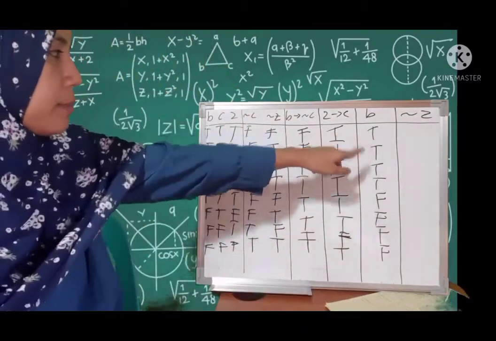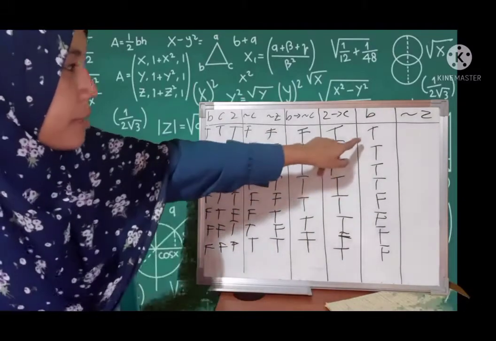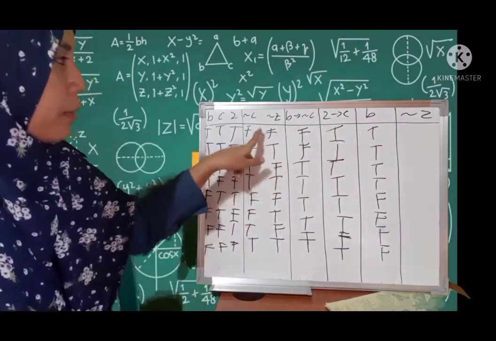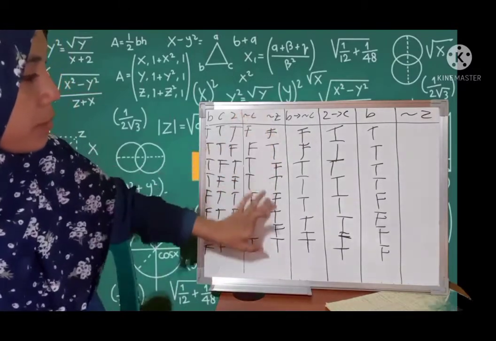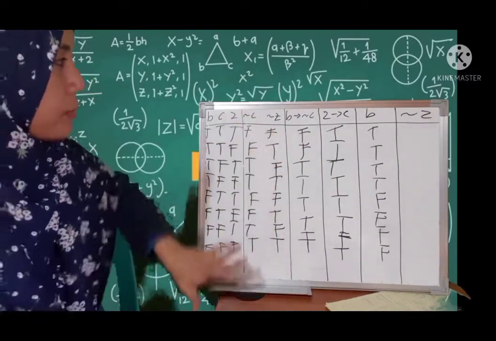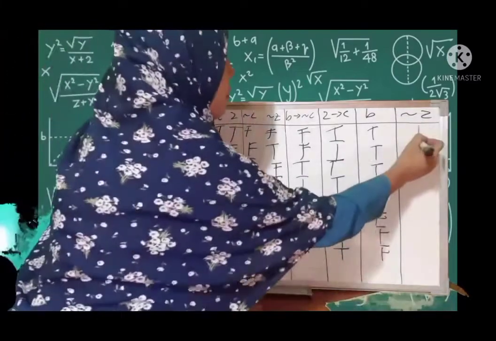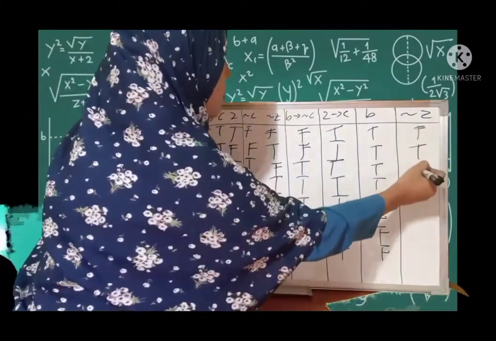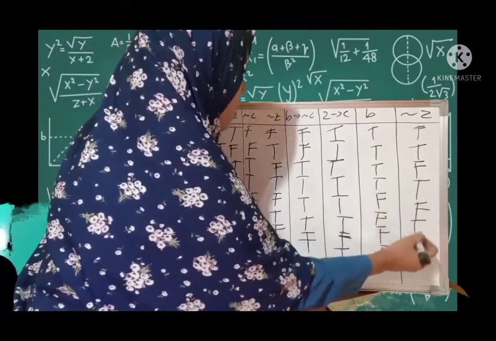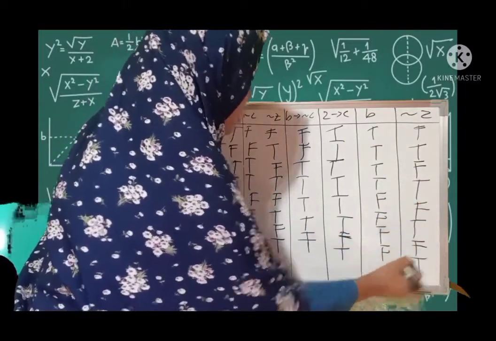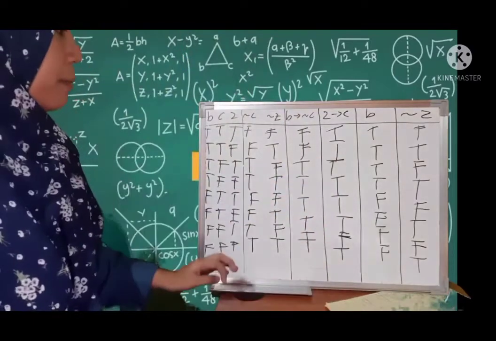Sa slot naman, same as the letter B na ginawa natin, ikakopy natin yung slot since solve na. So, copy: false, true, false, true, false, true, false, and true. So, ayan na. Nakopy na natin.